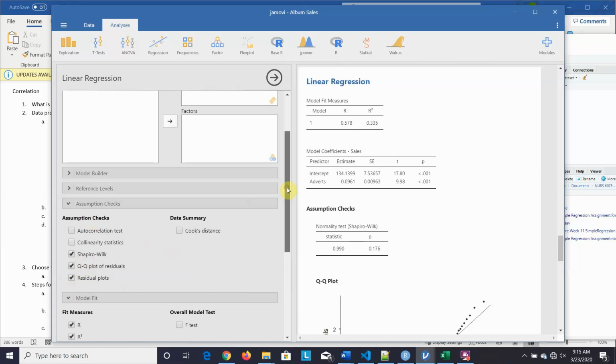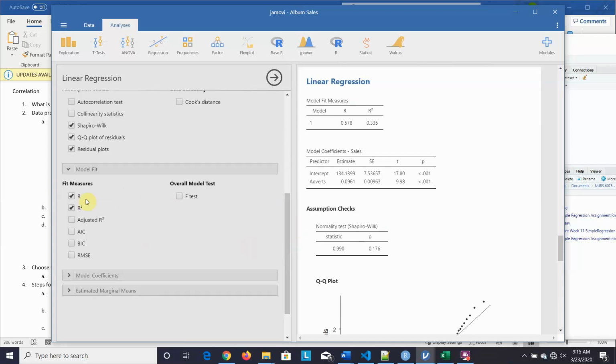Model fit. We have R and R squared. We're going to go ahead and get adjusted R squared. It's not of great utility for us because it's an adjustment that gets made when you have multiple independent variables, but let's go ahead and check it because we're definitely going to look at it next week, and it's good to get used to using it.